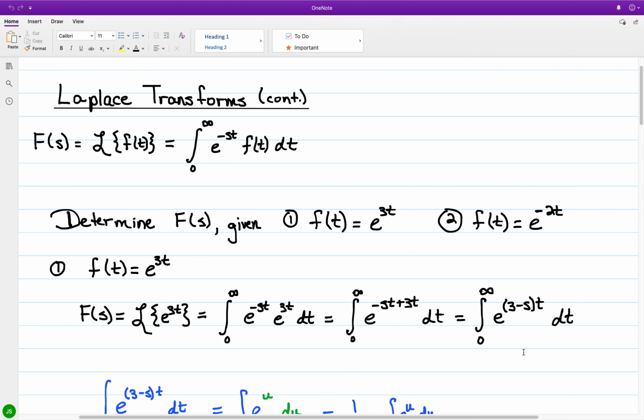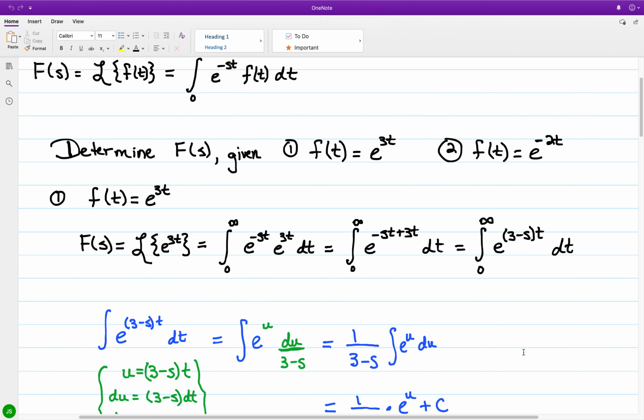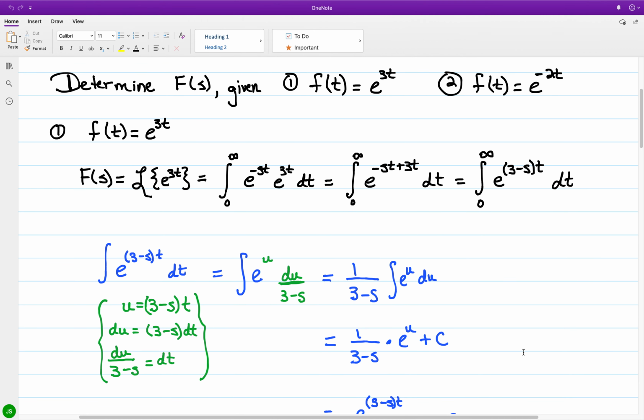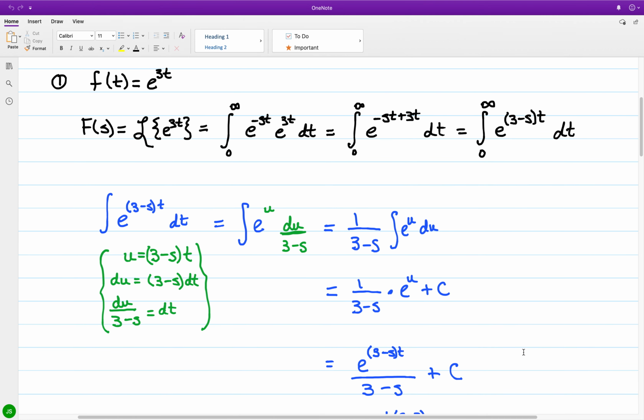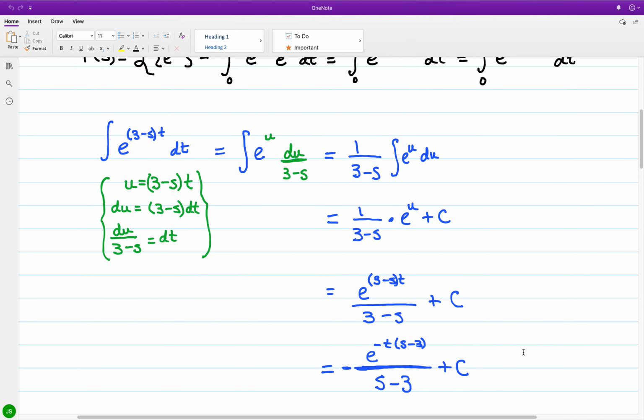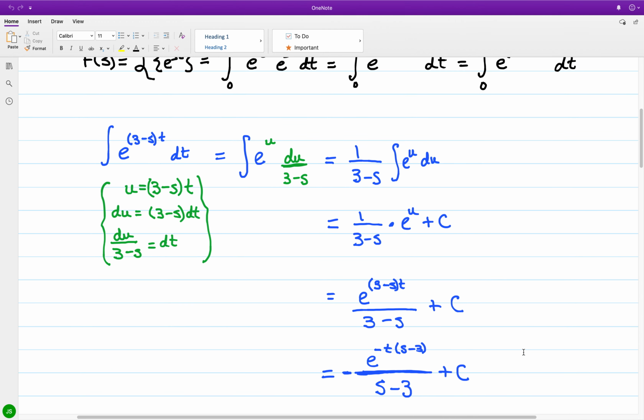And looking for the antiderivative, if I set up what I have in terms of substitution, we have the integral of e to the 3 minus s quantity times t dt, so setting u equal to the power to which e is raised and applying the differential on both sides. Left side we have with respect to u, right hand side with respect to t, where we have dt expressed as du over 3 minus s.